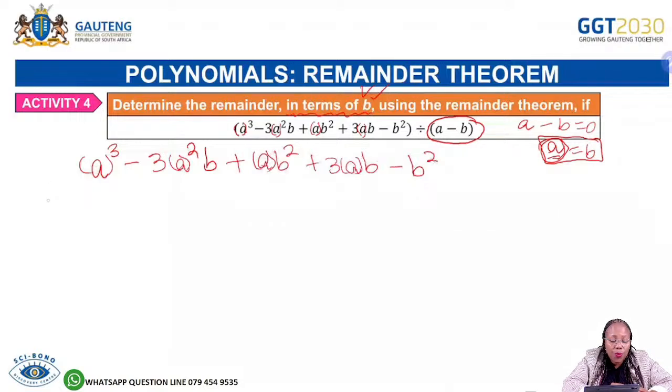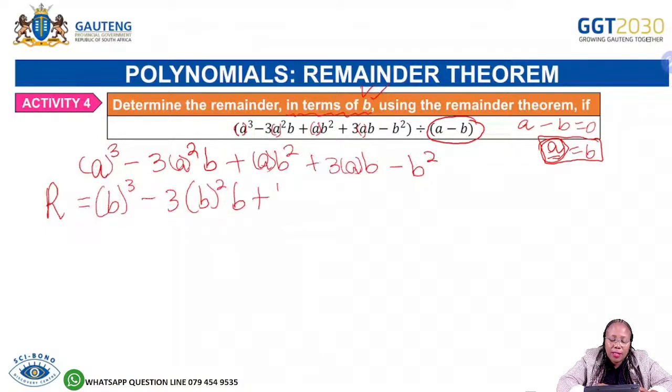So by substituting b, I will be looking at the remainder for that expression. So a is b cubed minus 3, a is b squared b plus a is b with a b squared plus 3a is b with a b again minus b squared.